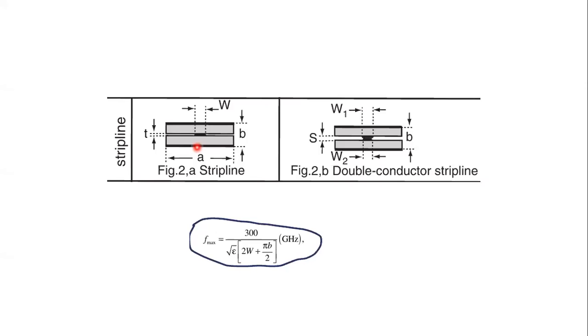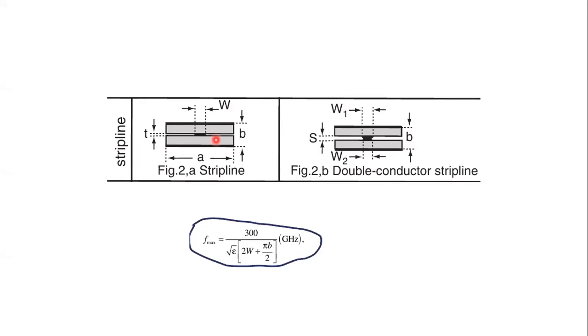And if you modify that circular coaxial cable into a more rectangular structure, it will appear something like this strip line. Of course, side walls are not shown here, but it can have side walls also, in order to avoid any radiation loss. So strip line is very near to your coaxial cable.